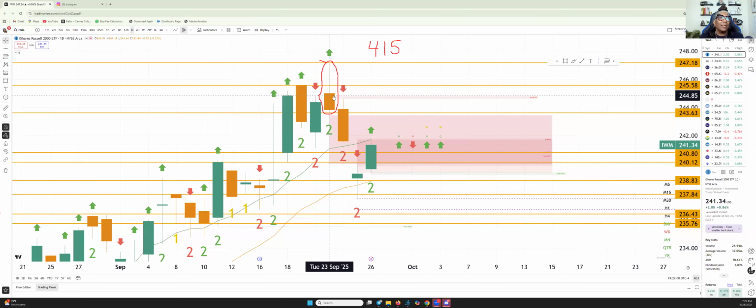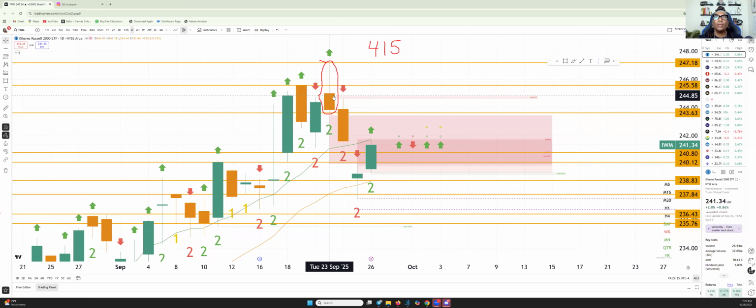So this candle, would this be a failed 2 up? This would be a failed 2 up. Yeah, this is how it goes. Red candle with green number.